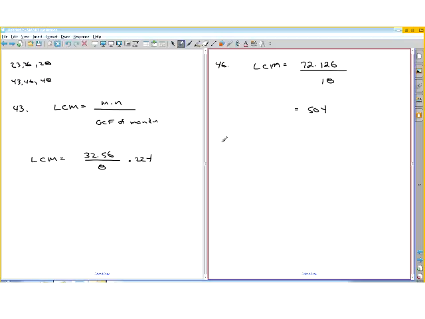Is that the right answer? 504, yes. And 48 says the least common multiple is going to be 280 times 360 divided by 40, which is what we got from problem 28. 280 times 360 divided by 40 is 2,520.